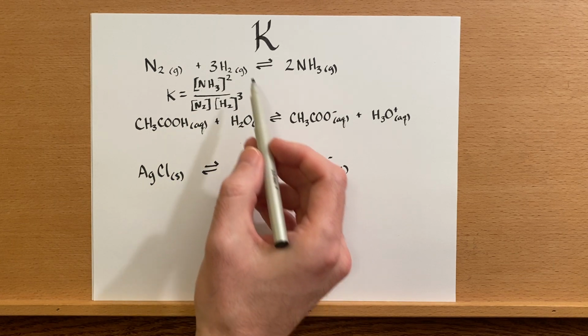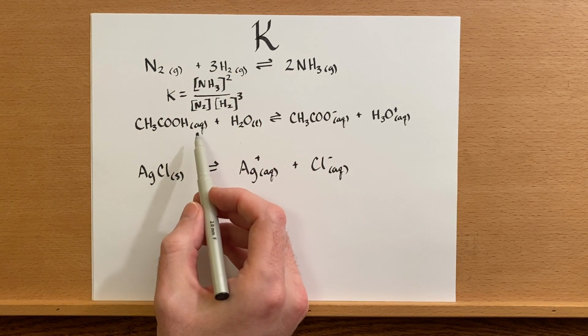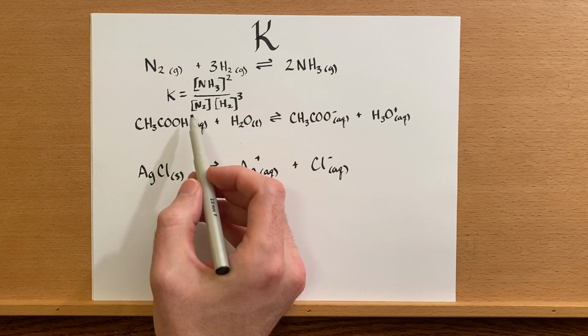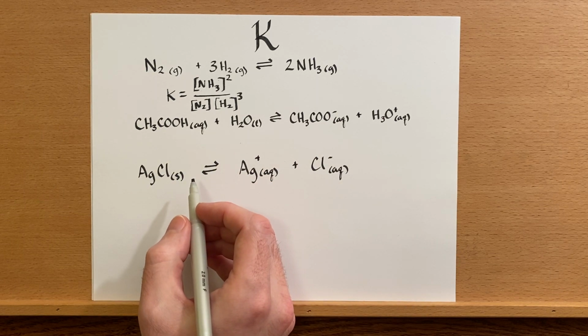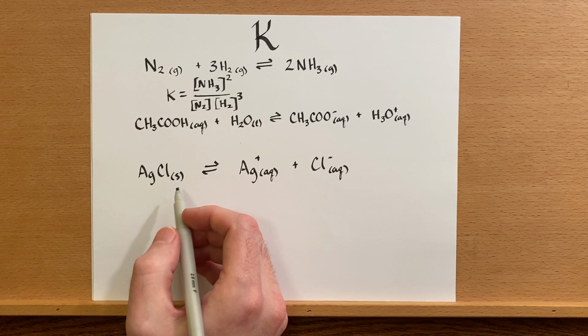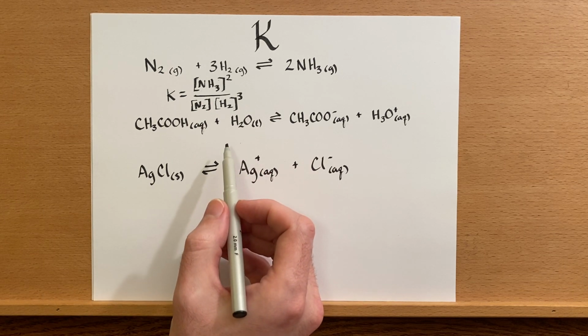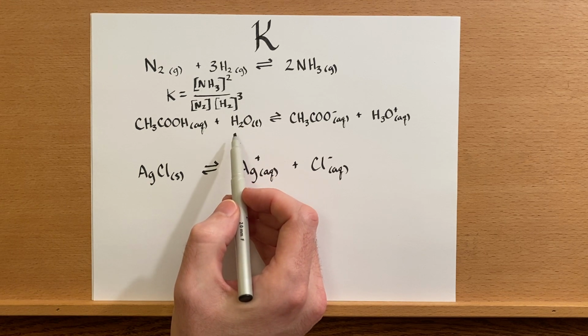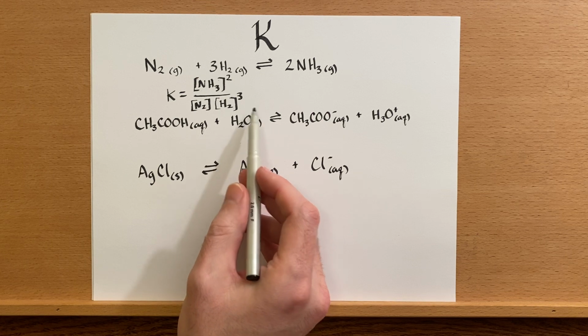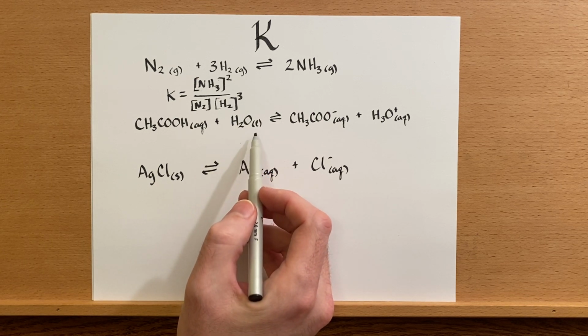Now, let's look at what happens when we have aqueous and liquids in this solution. In this case, we're going to look at water, right? Now, water is the solvent, right? There's a lot of it in the solution.